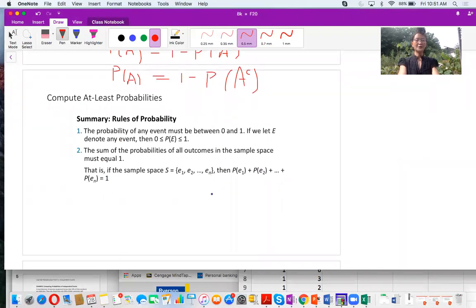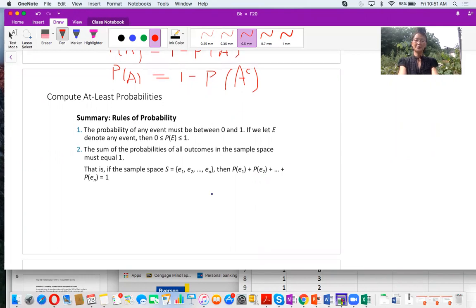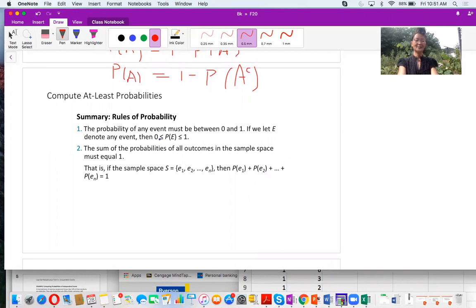So let's summarize what we have done for probability, including the previous lectures. The rules of probability: there are two rules. The first rule, any probability must be between 0 and 1. When a probability equals 0, it is an impossible event.